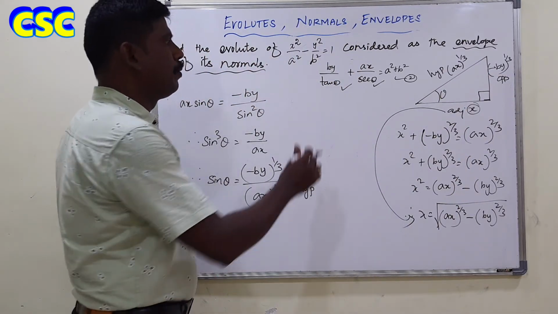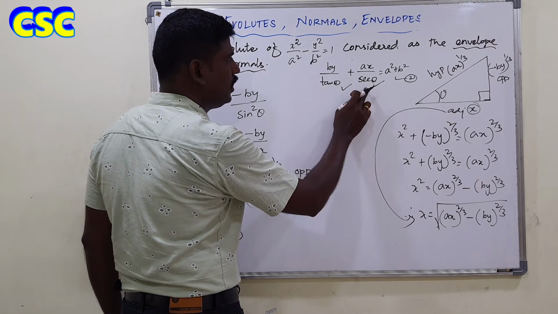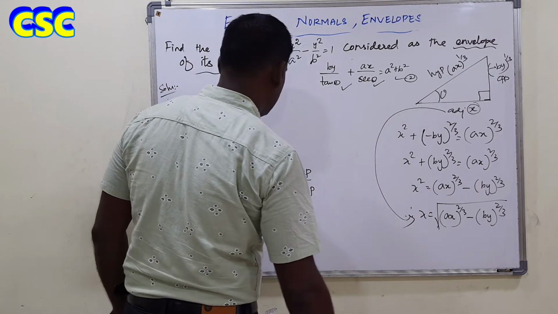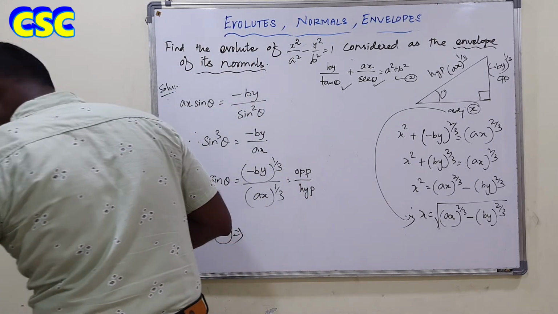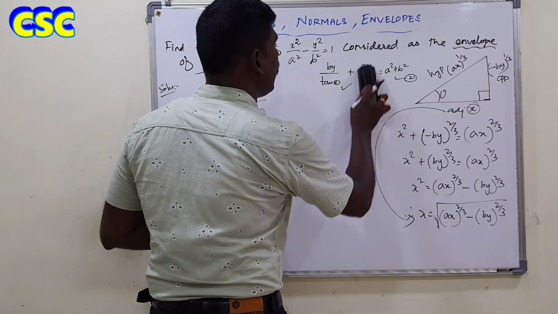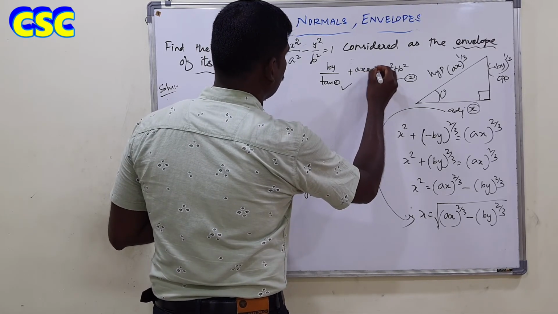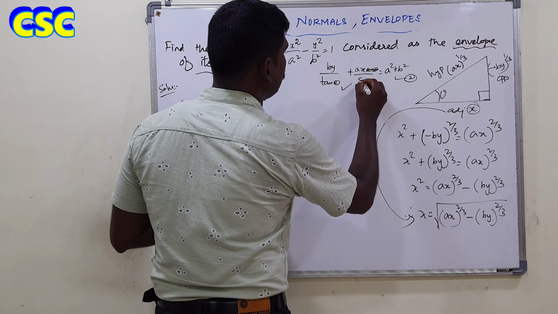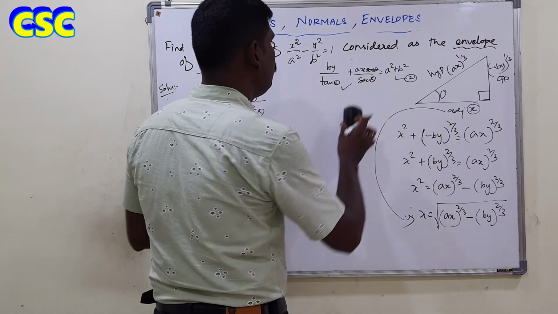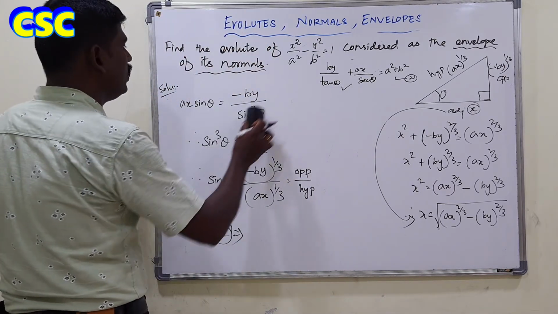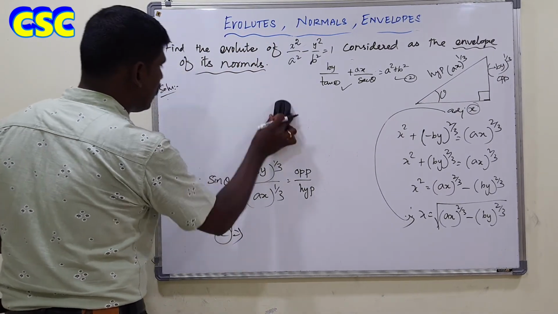Now I am going to find the values of tan theta and secant theta and substitute them in equation 2, where I wrote ax cos theta, or otherwise ax by secant theta. What is the formula for tan theta?